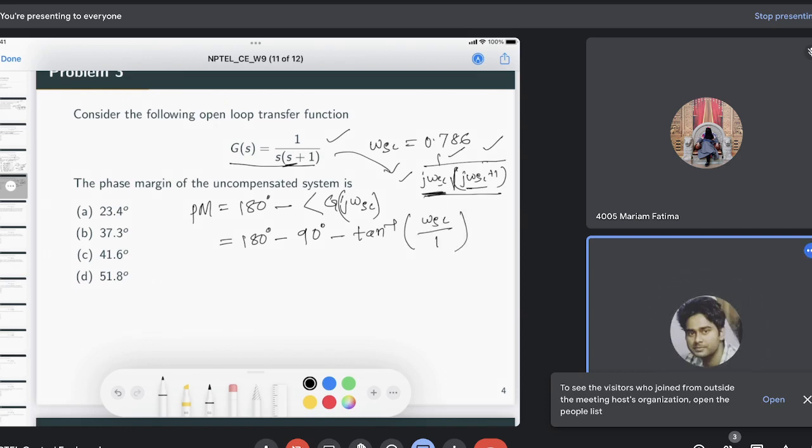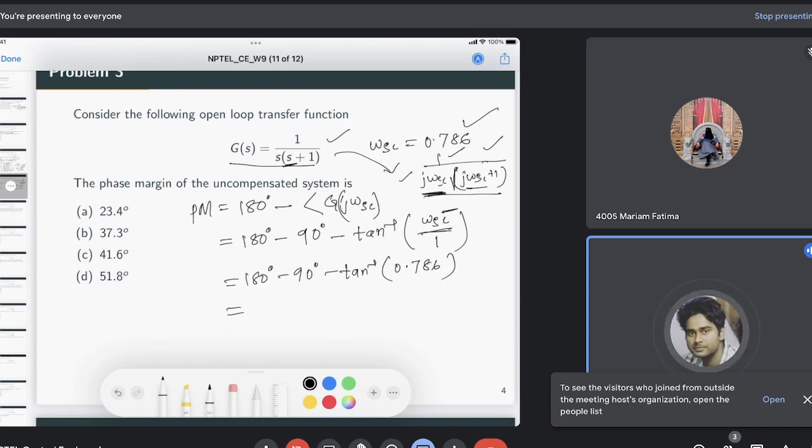So it is 180 degrees minus 90 degrees minus tan inverse of omega GC, the gain crossover frequency, which we already computed as 0.786. Just compute it: 180 degrees minus 90 minus tan inverse 0.786.